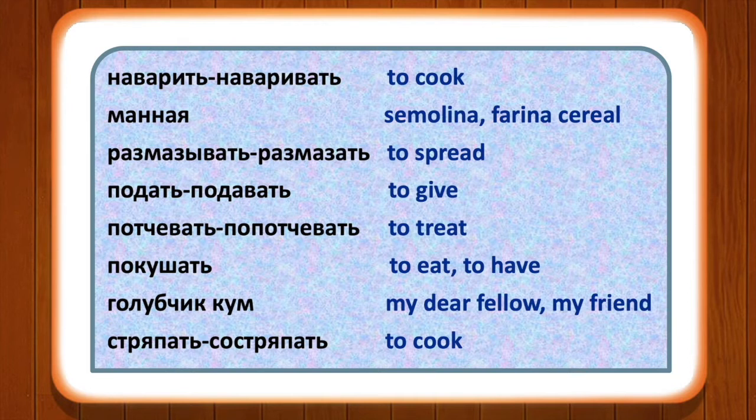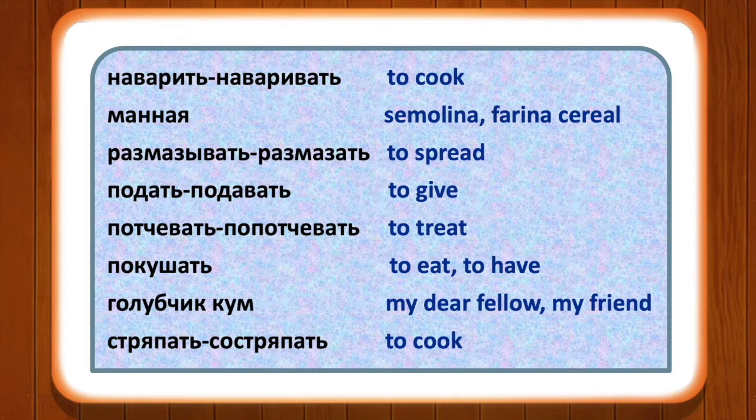That means to treat. Next we have покушать. That means to eat or to have. Next we have голубчиком. That means my dear fellow or my dear friend. Next word we have стряпать and состряпать. That means to cook.